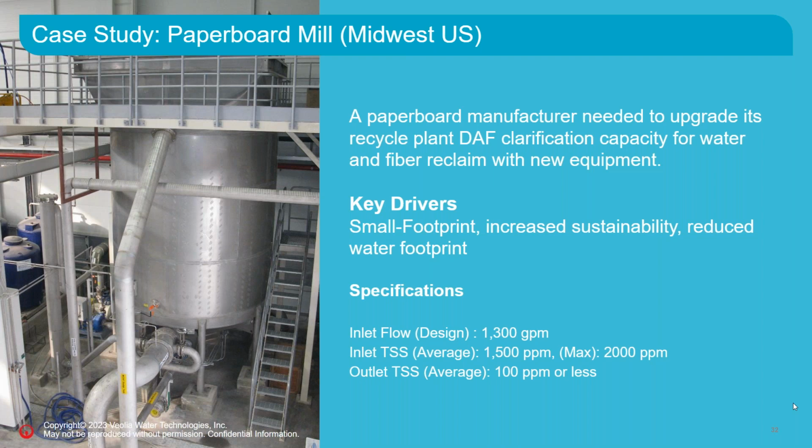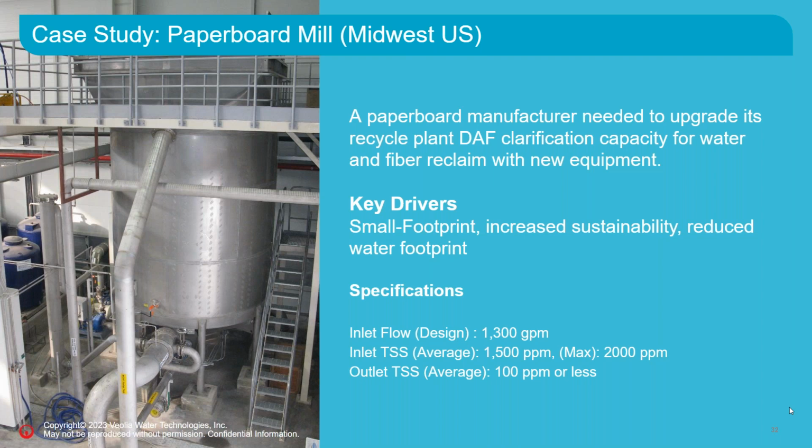So some of the key drivers of the project, of course, the increased sustainability by recycling the water and recovering the fiber, but also a small footprint was necessary because we had to shoehorn equipment into an existing space. So at this plant, the flow design is 1,300 gallons per minute to be treated.